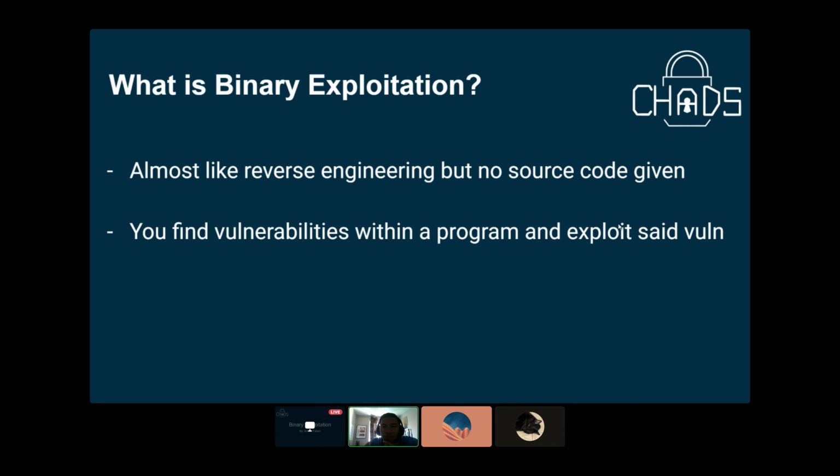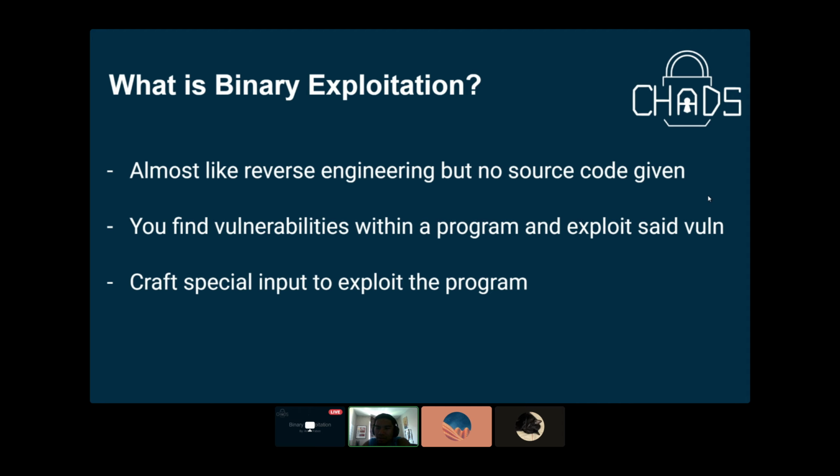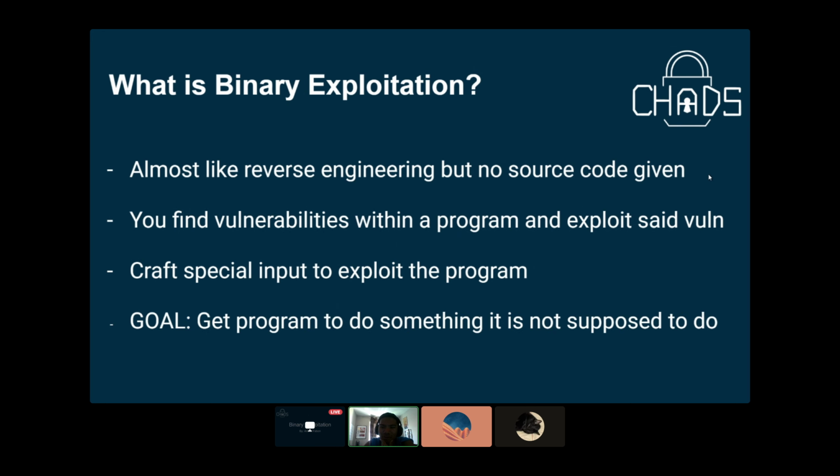You find vulnerabilities within the program, like having to overflow the buffer to overwrite something, and then craft special inputs to exploit the program. The goal is to get a program to do something that it's not supposed to do, like giving you the address of a function that you need to find.